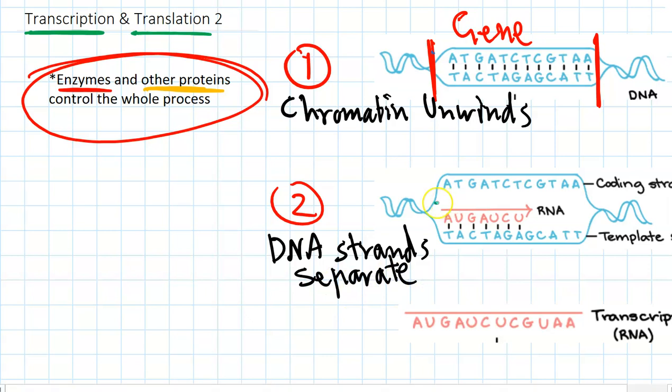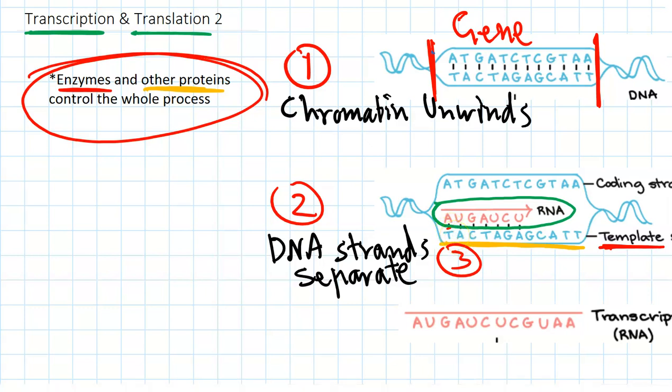And then, as you can see here, one of those strands of DNA is used to make a copy. So that's step 3 in here. The strand that's used to make a copy is called the template strand. And that's the code that's then copied onto mRNA. And remember, mRNA is like just a photocopy of the gene that gets taken to the ribosomes later on.